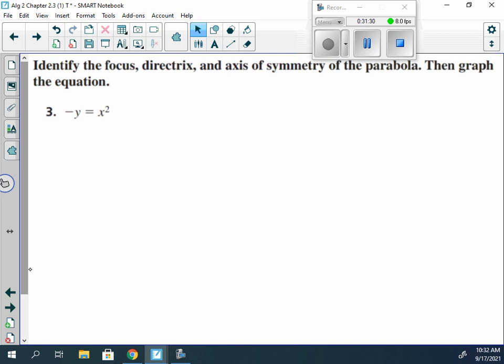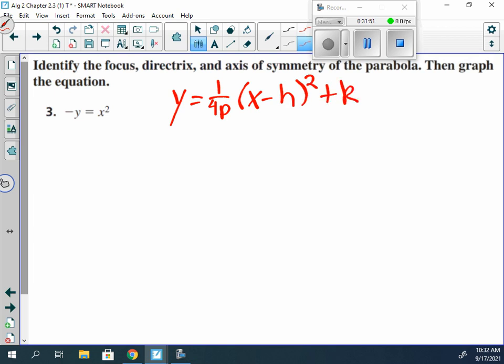Now again, the vertex is 0, 0. Now the x is squared, so we're looking at y equals, well, it'd be nice if I write, y equals 1 over 4p, parentheses, x minus h squared plus k.